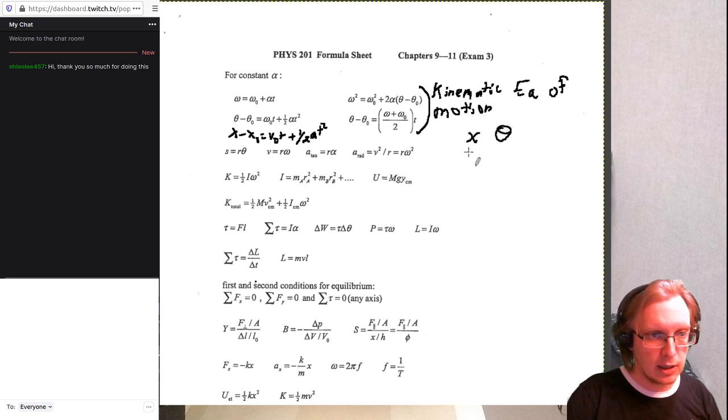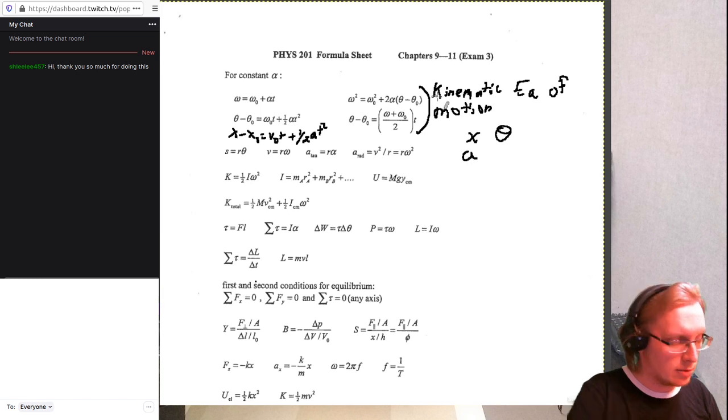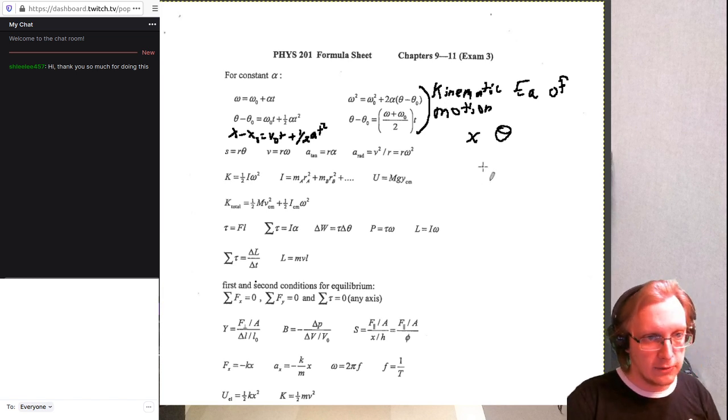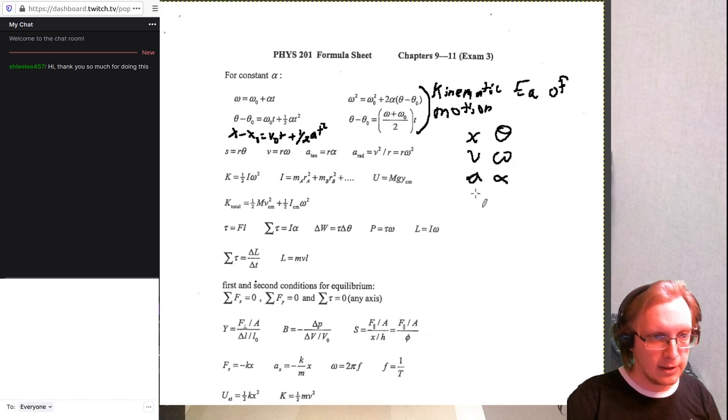For every v, there's an omega. For a, there's an alpha. What else is there? So force becomes a torque. Mass becomes moment of inertia.